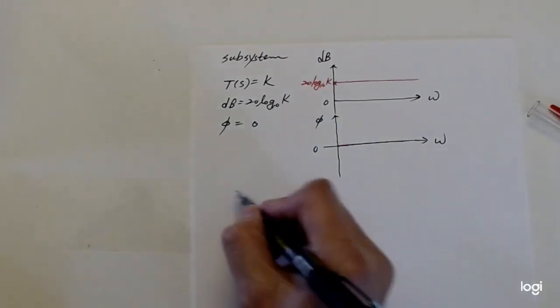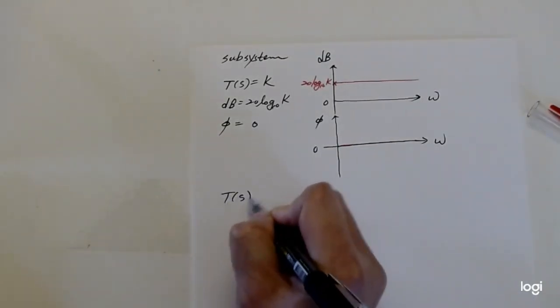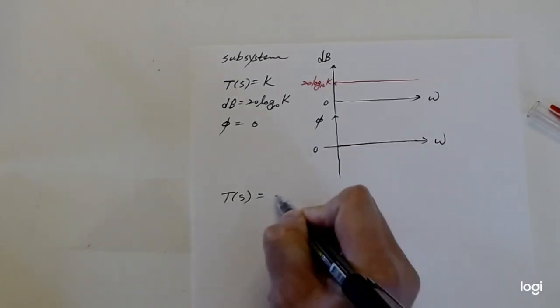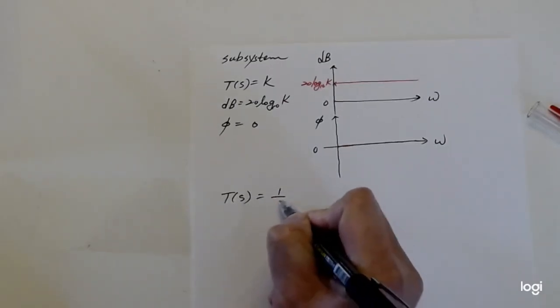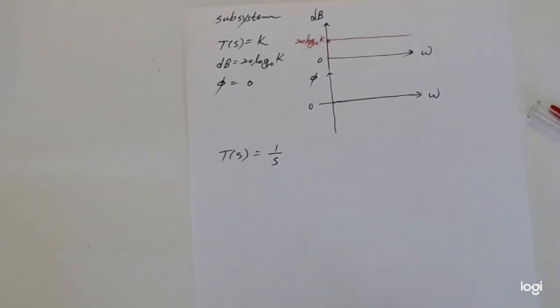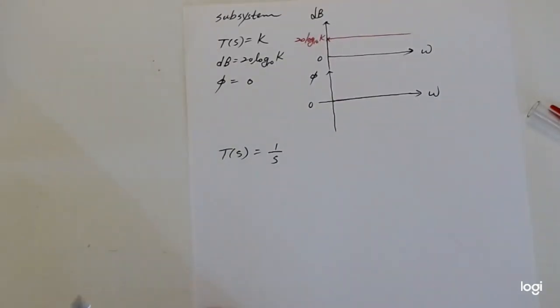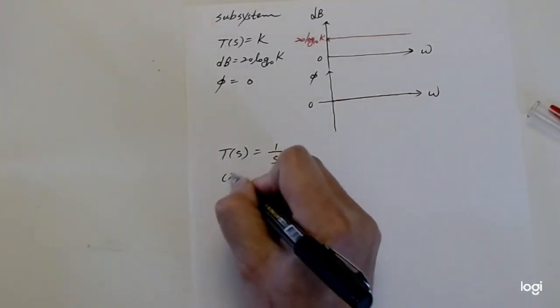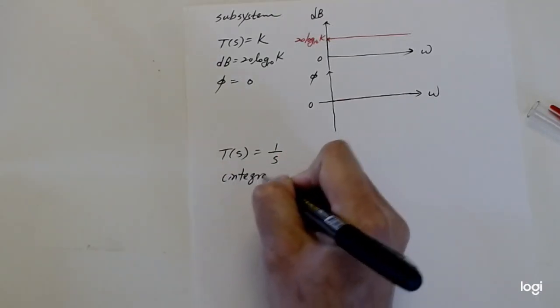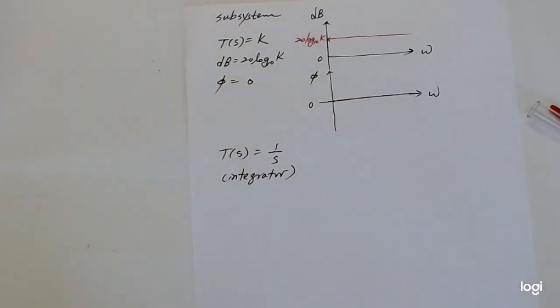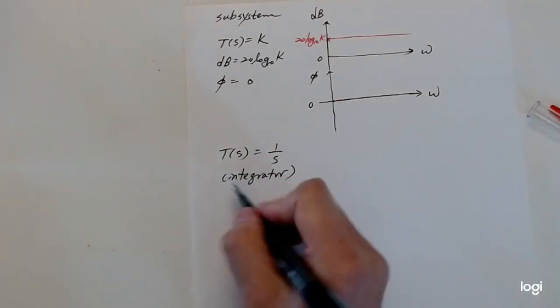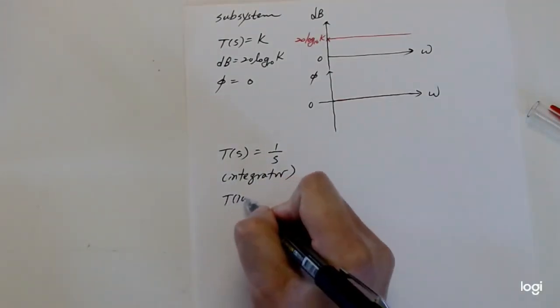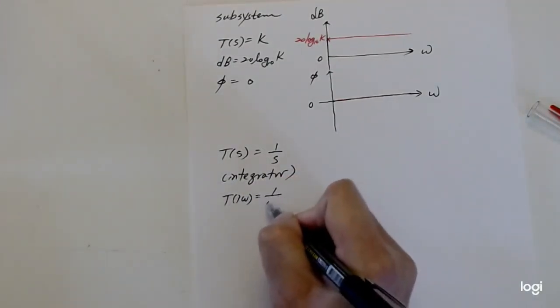So how about if you have 1 over s, which is an integrator? So the magnitude of T(i omega) will be 1 over i omega.